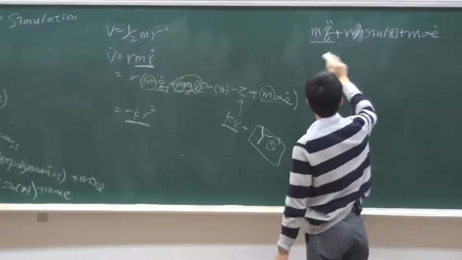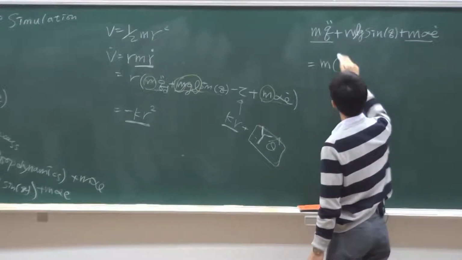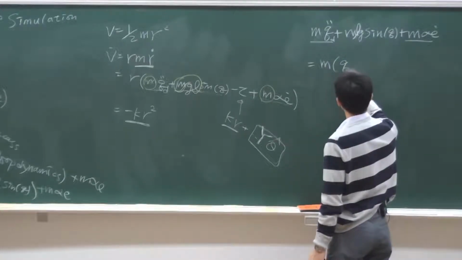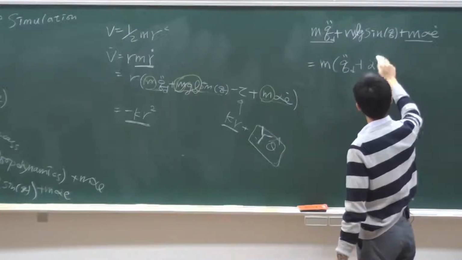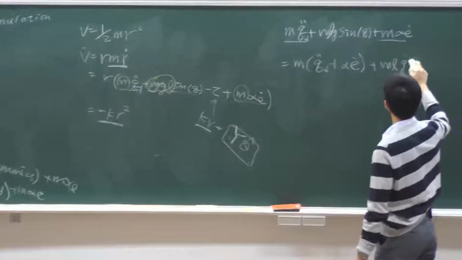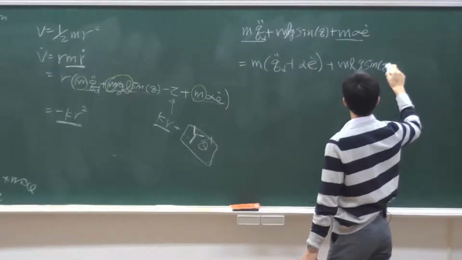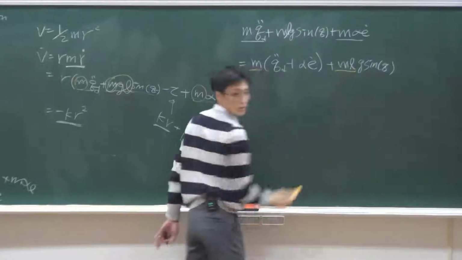I combine these two, okay? So it's equal to m times (qd double dot plus alpha e dot) plus m l g psi q. So these are unknown terms.